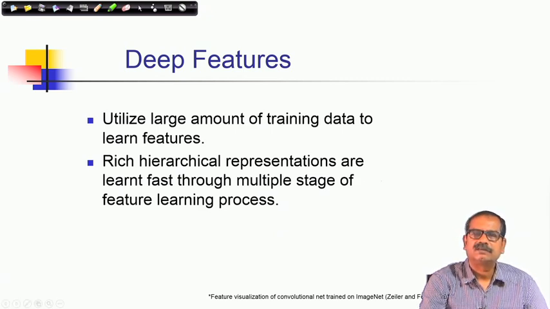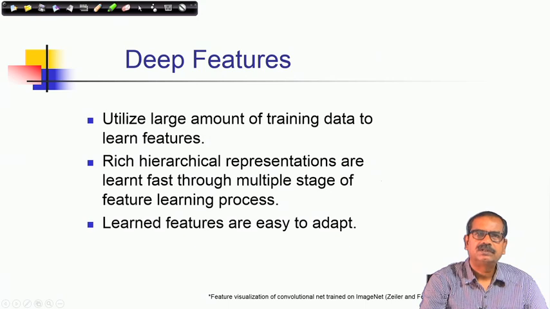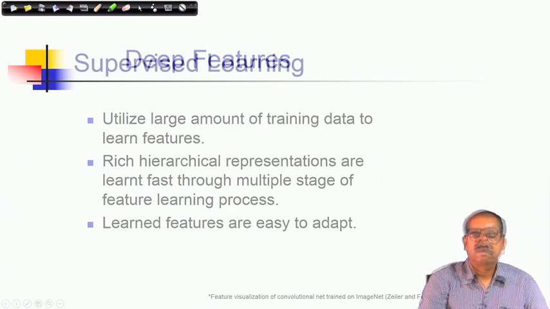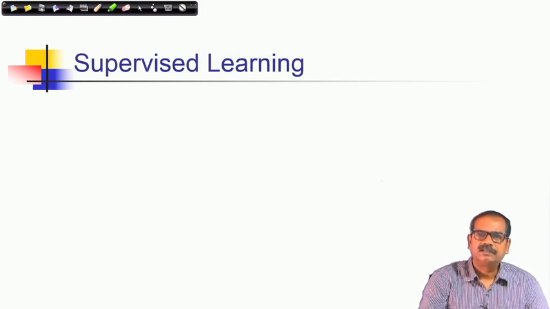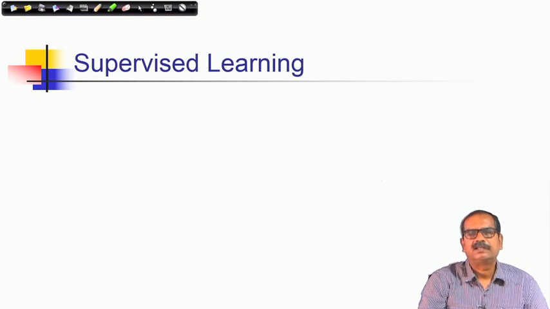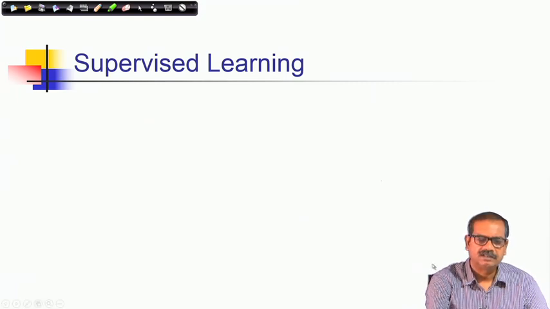So, multiple stages of feature learning processes are involved, and it learns features adaptively. So, in the context of your application, these features are learned. Mostly you will be considering supervised learning. In the deep neural architecture, particularly for the classification problem, as we have discussed, you have the training samples, you are training the network, and then you are classifying. So, this is an ideal supervised classification setup, and we call it also supervised learning.